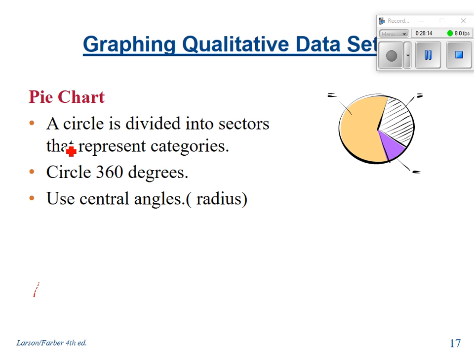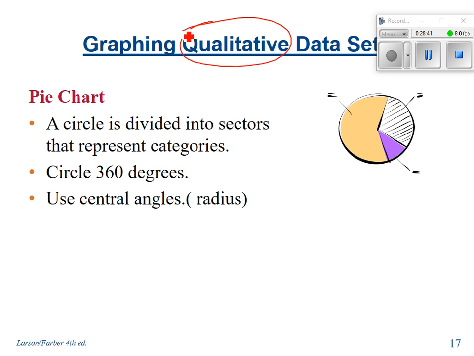Pie chart. Pie chart's a little tougher. Everybody knows what a pie chart is, but nobody knows how to use it. A pie chart is a circle that's divided into sectors that represent certain categories. Notice, what we've been doing until now was quantitative.